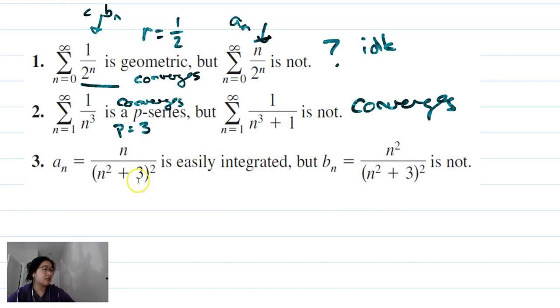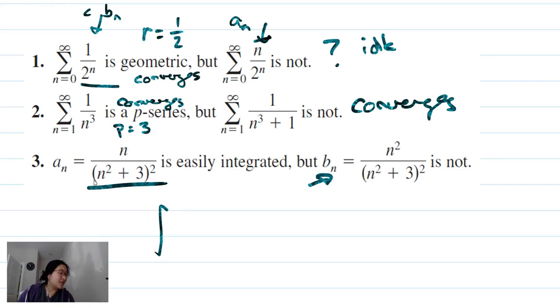So if we know that this converges, then that actually tells us nothing about that. But if we know that this diverges, then we do know that we have a divergent b. So is this going to be a divergent series? Because if it is, then this is going to diverge. But if it converges, then we don't know what's happening with b. So let's try it. And should we use the integral test?